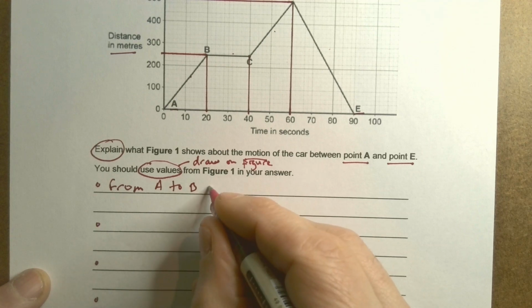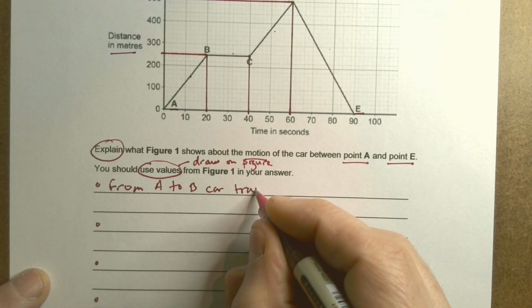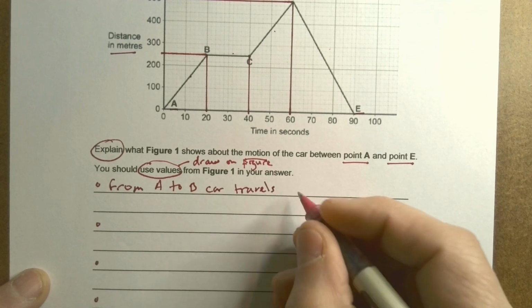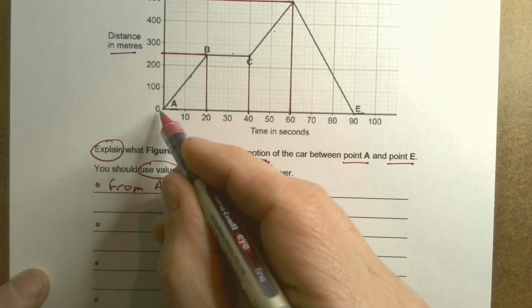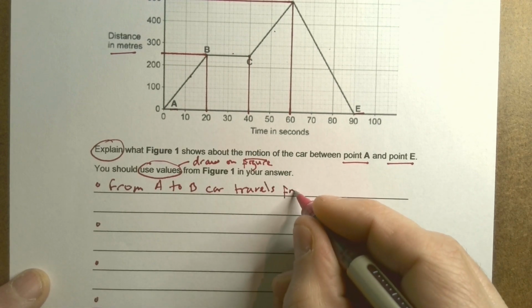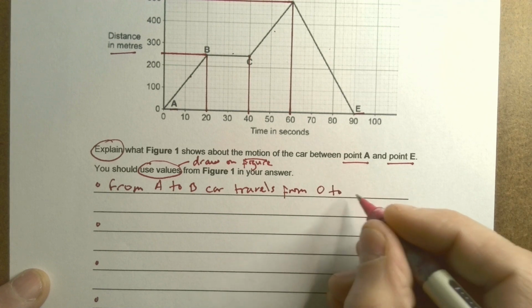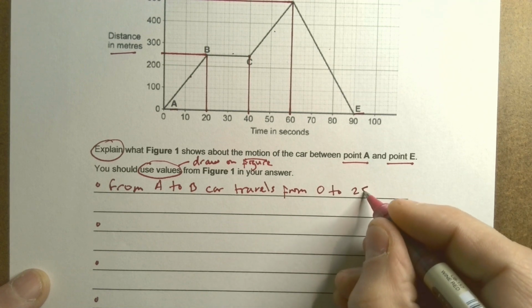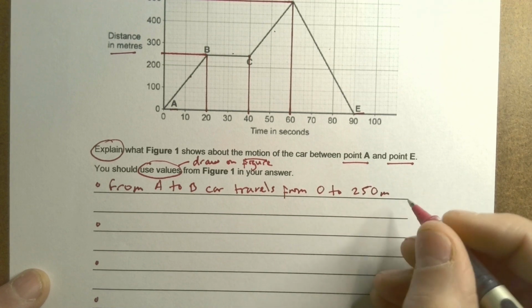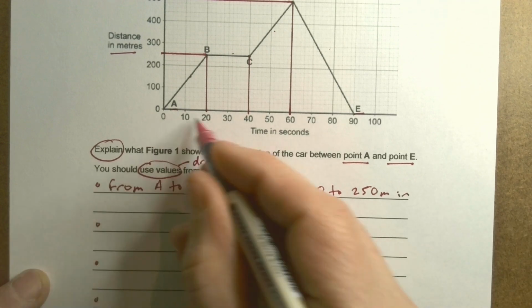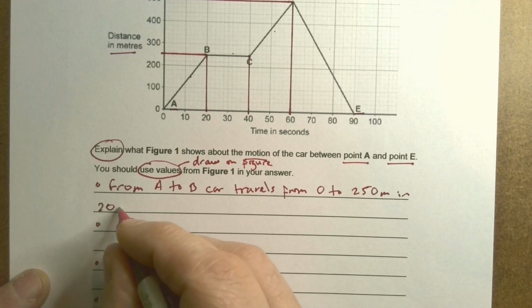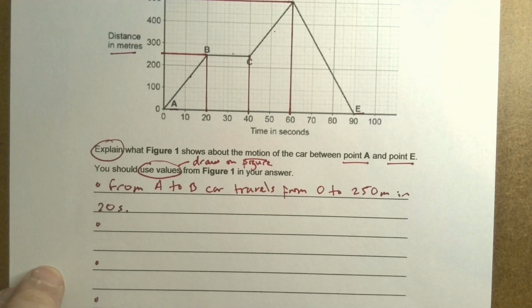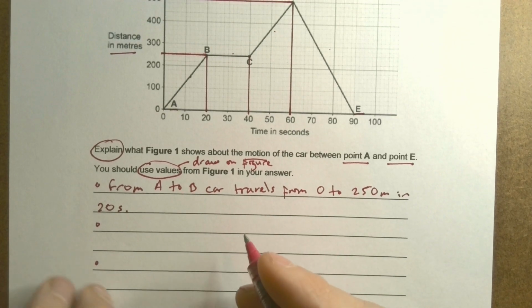Car travels how far? From 0 to 250 meters in 20 seconds. I could work out, therefore, the speed.